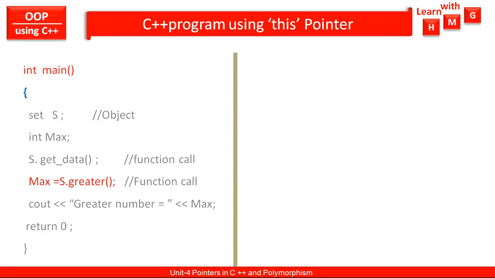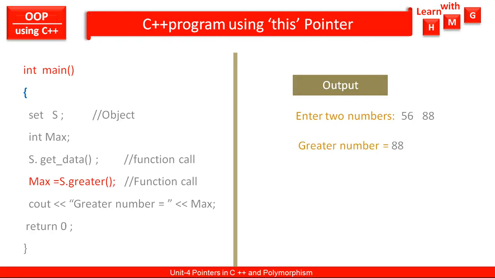Now let us see what will be the output of this program. The output will be like this: enter two numbers, 56, 88. These are the two numbers, where 56 will be stored in x and 88 will be stored in y, and the greater function will find the greater number as 88, that is y, and that will be assigned to max and displayed as greater number is equal to 88.